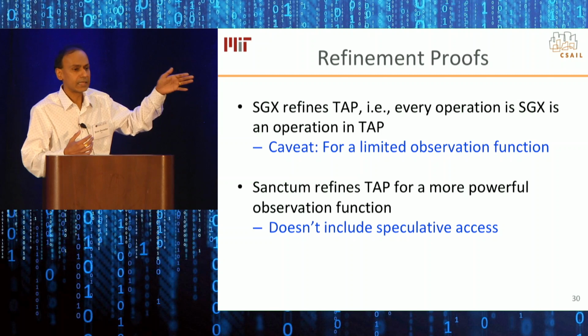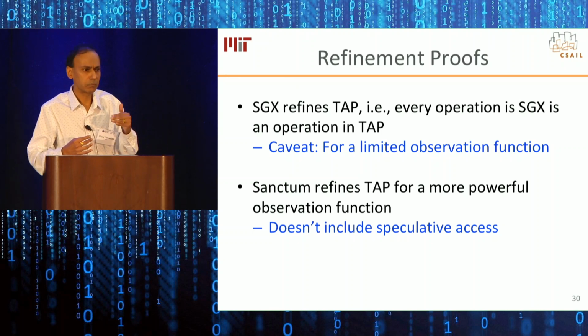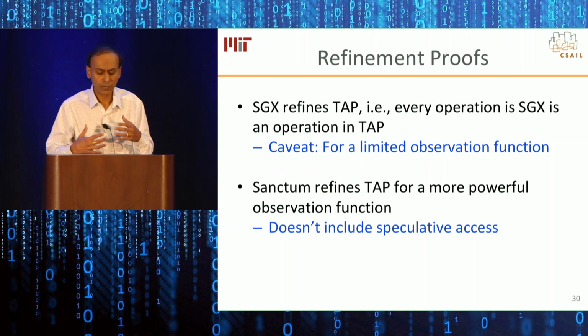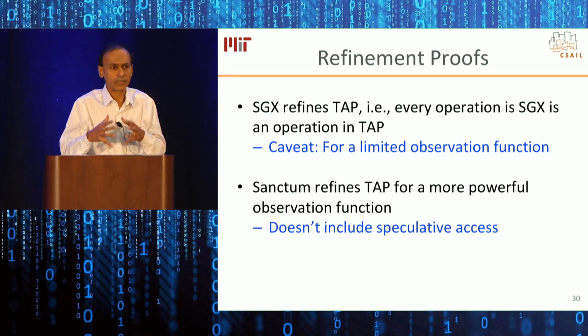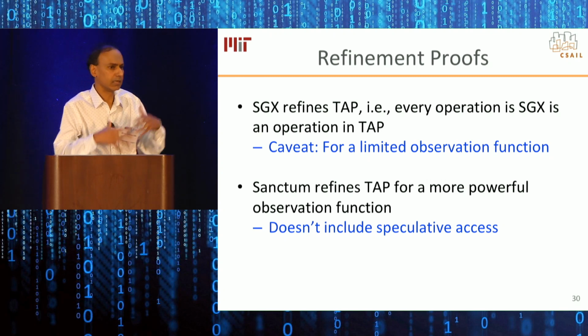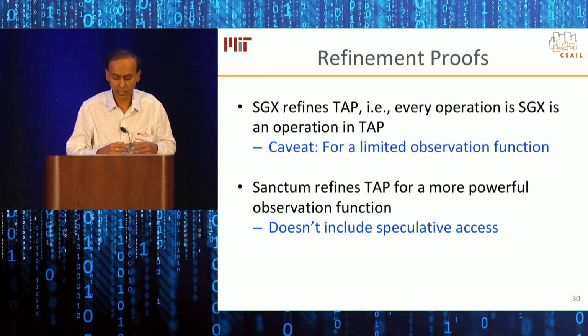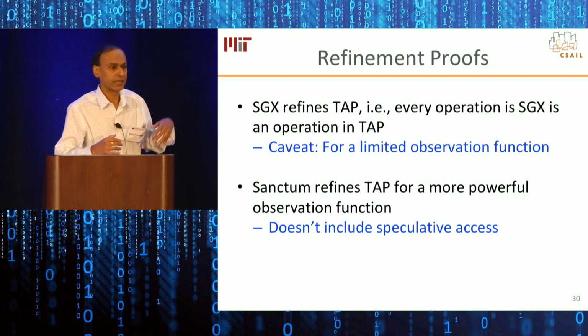Sanctum raises the bar a little bit, at least from the standpoint of the threat model. And so you can show a refinement proof that says that under this particular threat model, corresponding to shared caches and some limited number of side channel attacks, you won't have breaks in Sanctum. I mentioned that it does not include speculative access.